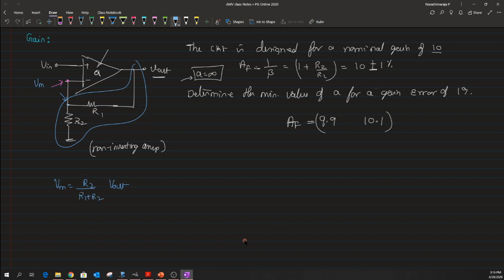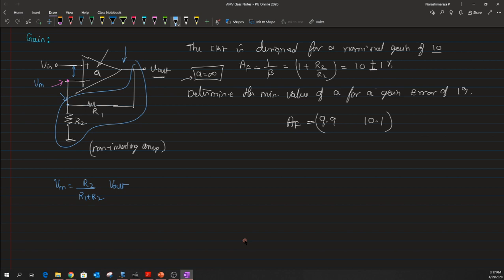And we know that the op amp generally picks the differential input, which means that it tries to differentiate between the Vin and the value of this Vm, and then amplifies by the gain of this particular op amp, which is the small letter a.